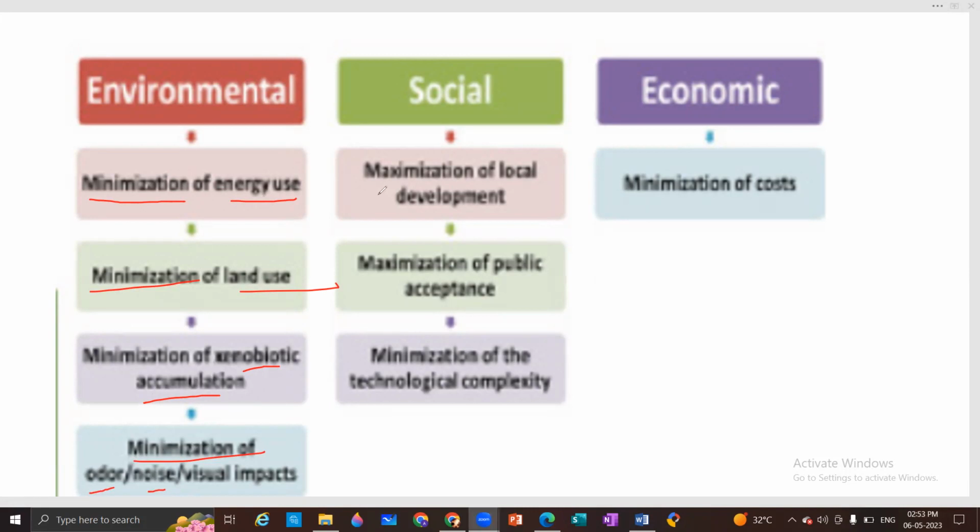Social: maximization of local development, maximization of public acceptance, and minimization of technological complexity. And lastly, economical is the minimization of costs, as we discussed above.